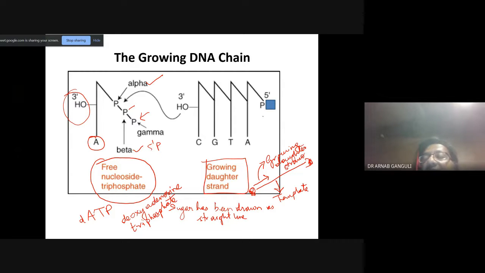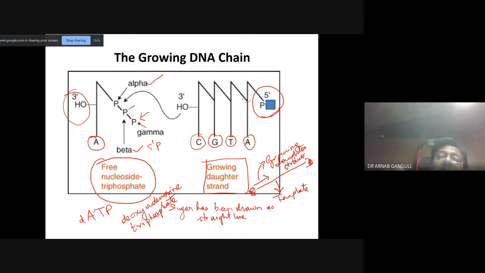So here you have the 5' phosphate, and to this 5' phosphate you have the sugar backbone. You have adenosine A. Again, to this 3' OH is bound another triphosphate, deoxyadenosine, or deoxythymidine triphosphate, deoxyguanosine triphosphate, cytosine triphosphate.